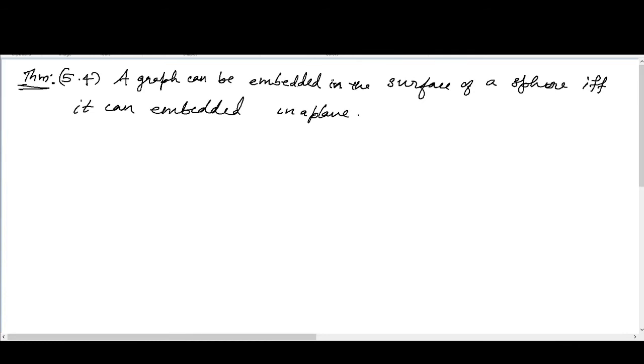Okay. For that, consider a figure like this.